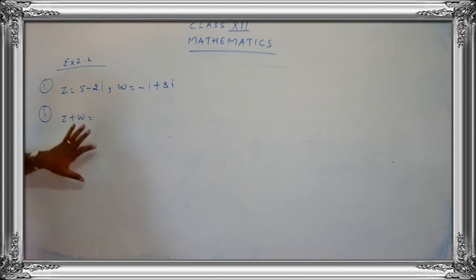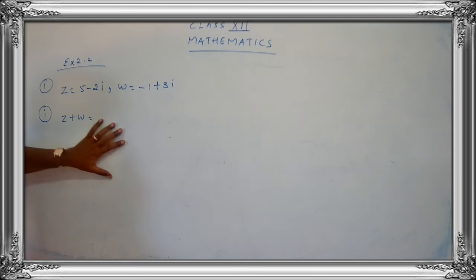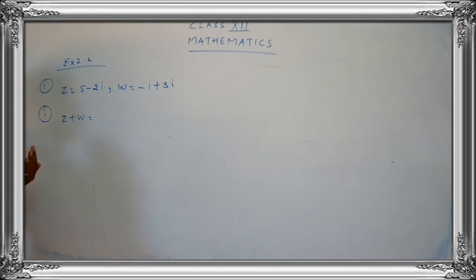Just substitute the values of z and w, and perform the addition. After you perform the addition, you have to bring the real part together and the imaginary part together. That's the form of a complex number. A complex number is a combination of real part and imaginary part. So always try to write the real part first and the imaginary part later.